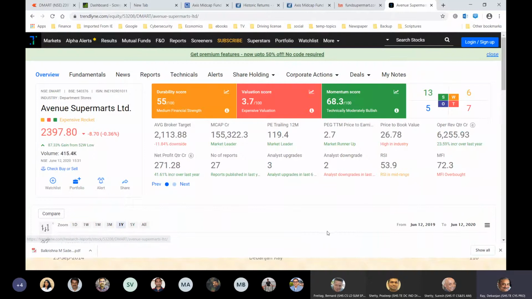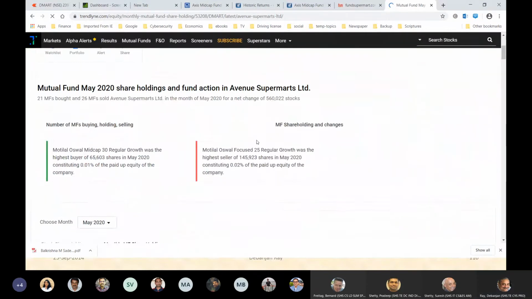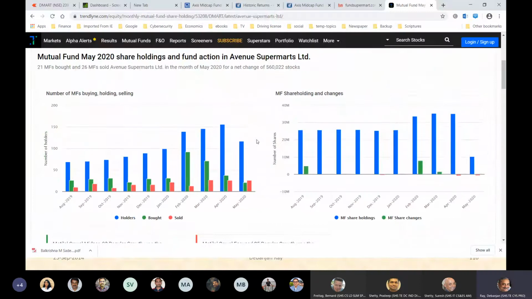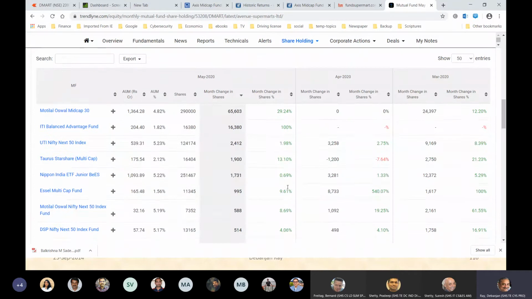You go here and you will see this is the shareholding, the monthly mutual fund holding. Now you will see how many companies are buying or selling. These are the mutual fund companies who are holding the stock.